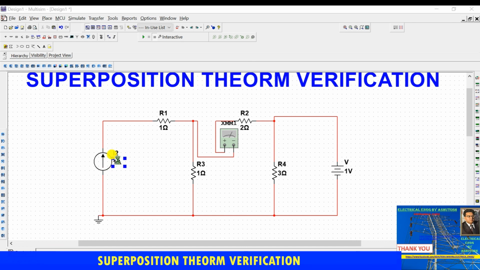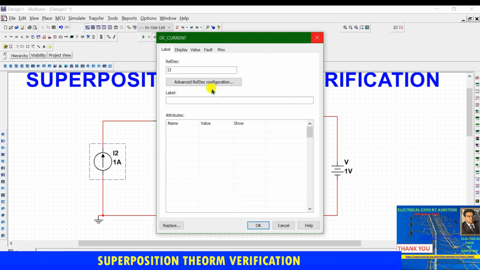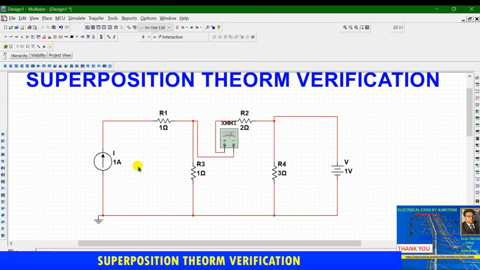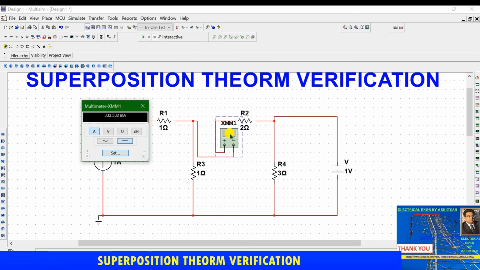The 1 ampere current source is there. This is the current source. Now this is the original circuit, and in this original circuit I have connected an ammeter in this branch. So now let's see what is the value of current in this branch.